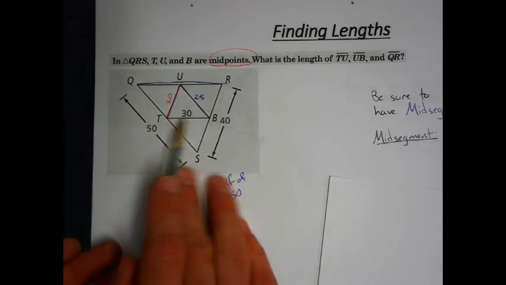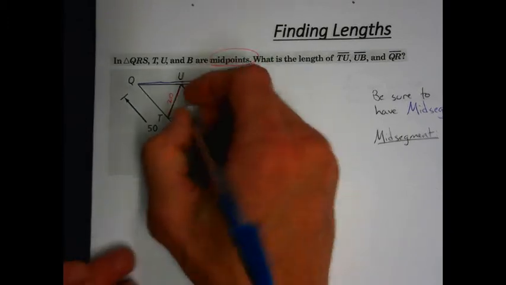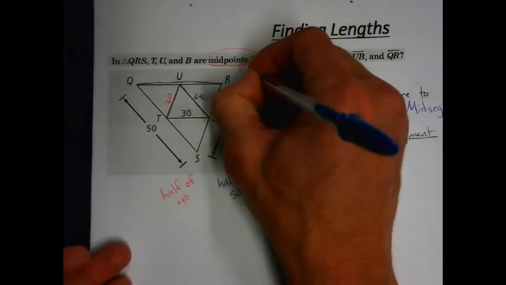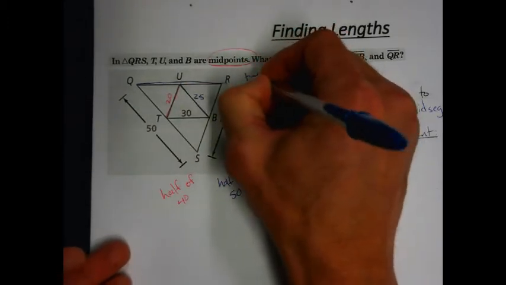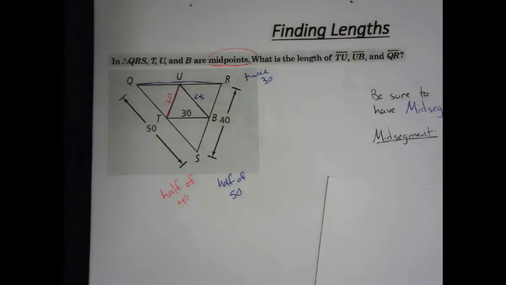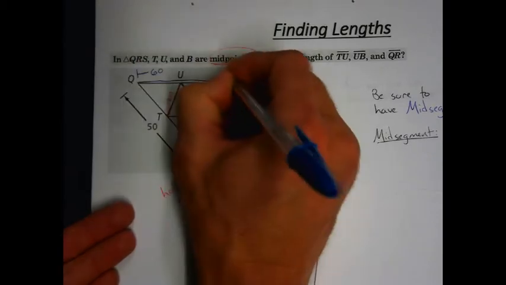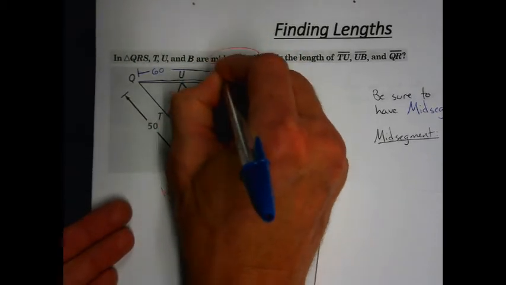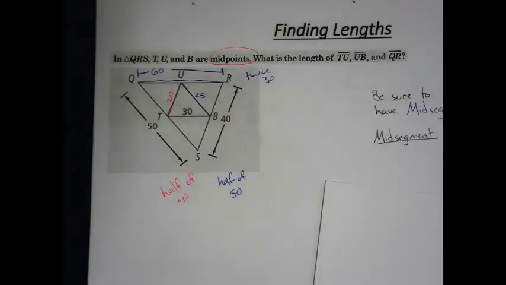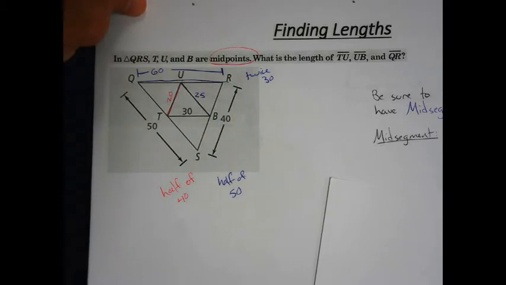So if TB is 30, then now we're looking at twice 30. So we know that QR is going to be 60. From Q to R, that's how you read those little things, by the way. From Q to R is 60. That's how you can find lengths, as long as you remember, midsegments are parallel to and half as long as the third side.